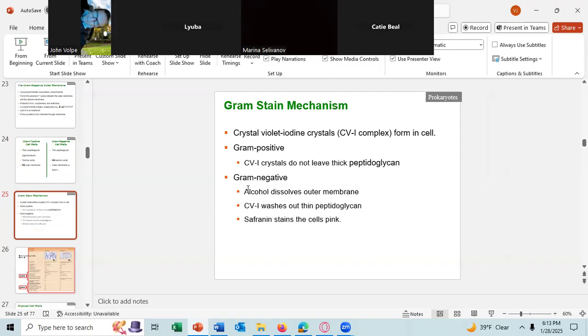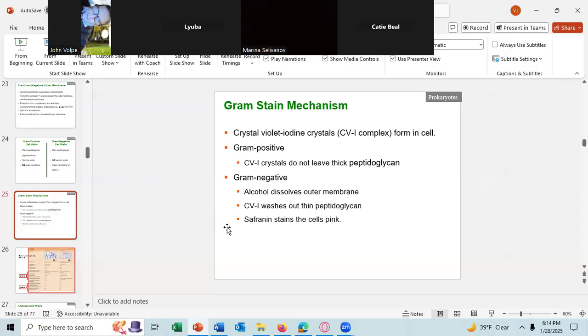Alcohol of the gram stain can also dissolve the outer membrane, which is mildly important because if the outer membrane is intact, the molecule trying to leave the cell will have trouble leaving the cell. But usually that molecule can go out the porin protein of the outer membrane.